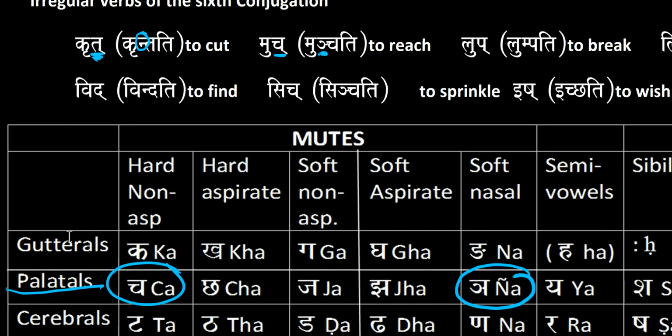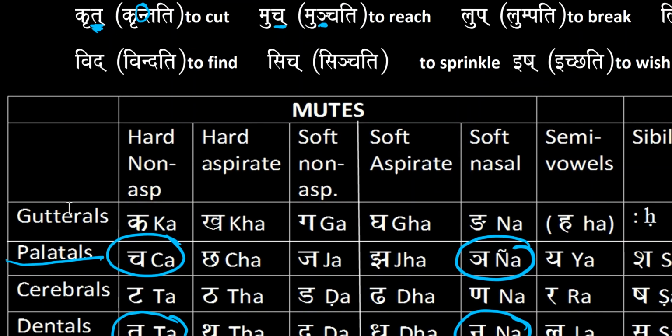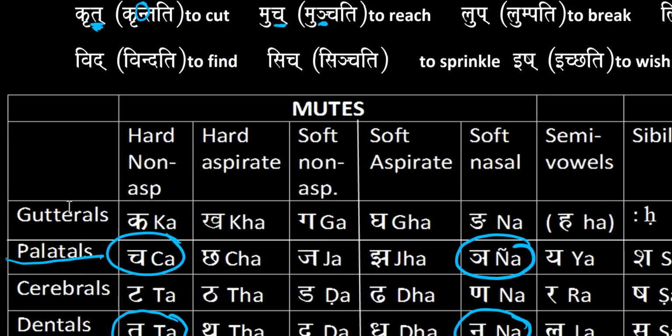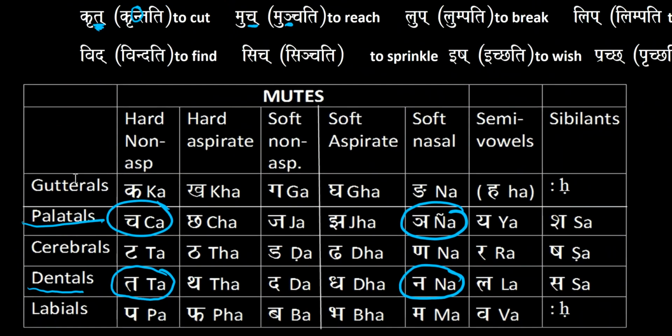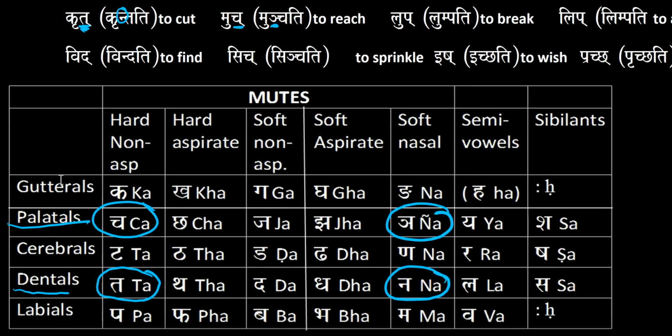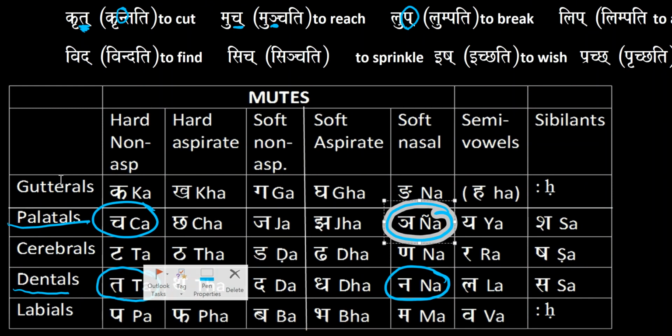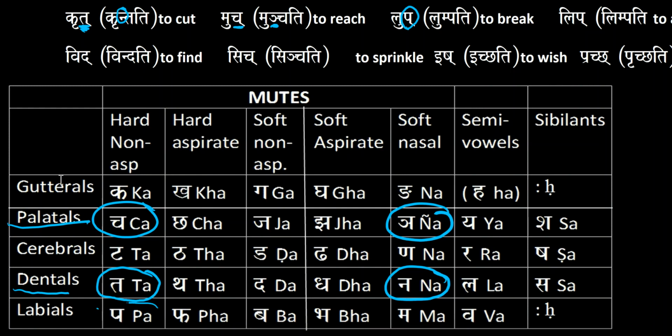Lup, to break, becomes lumpati. So that is a labial. And if we zoom out a little bit, you can see both of them. So pa is a labial. Let's circle the pa here. And then ma, the half ma, is also a labial.